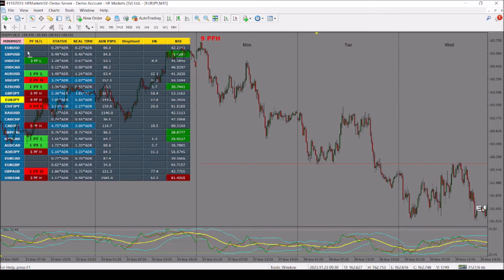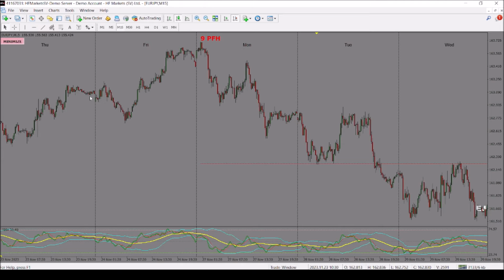Whenever a peak formation arises, the next thing is to look for a pattern away from that peak. What are the patterns that we need to look for? We need to look for M's and W's confirmed on the TDI, the Traders Dynamic Index. On this Monday, the 27th of November, a peak formation high was issued, and after the day of peak formation high, we are not interested in finding an entry.